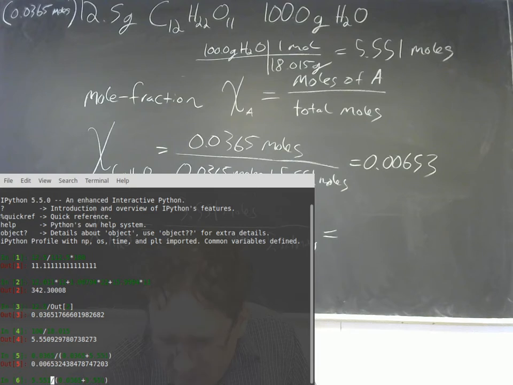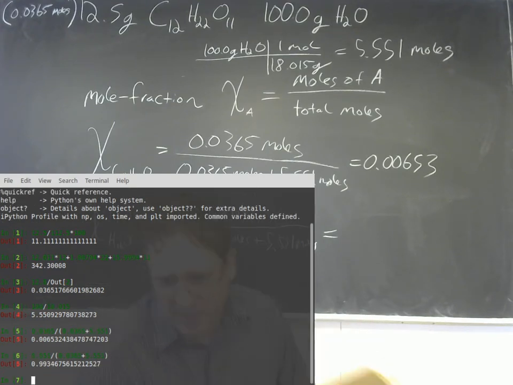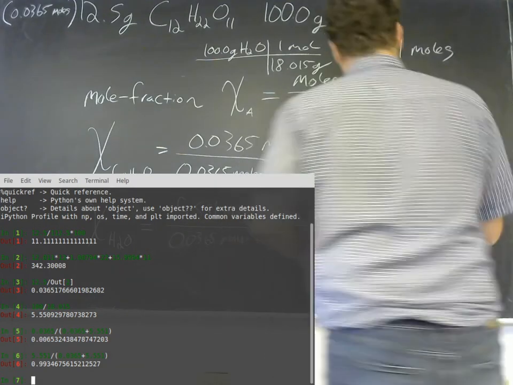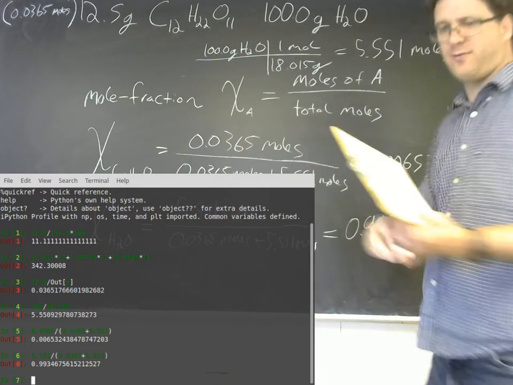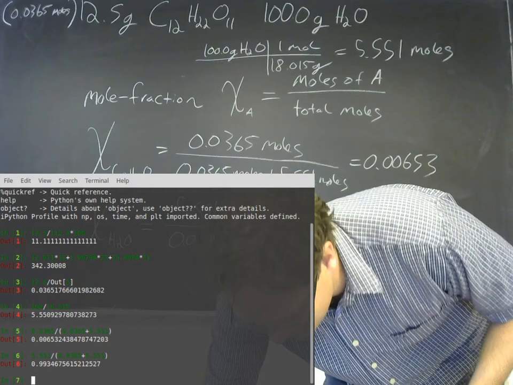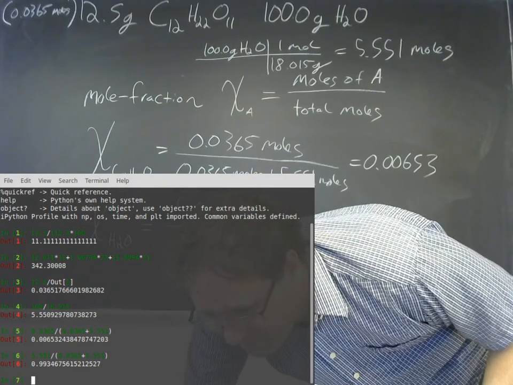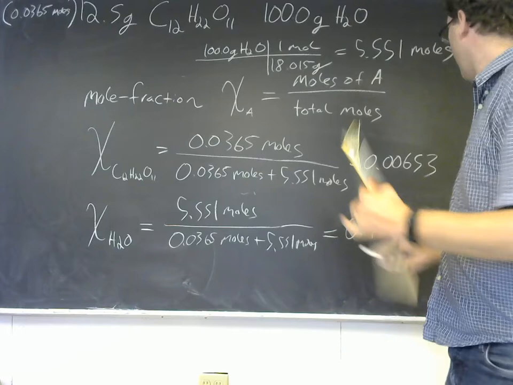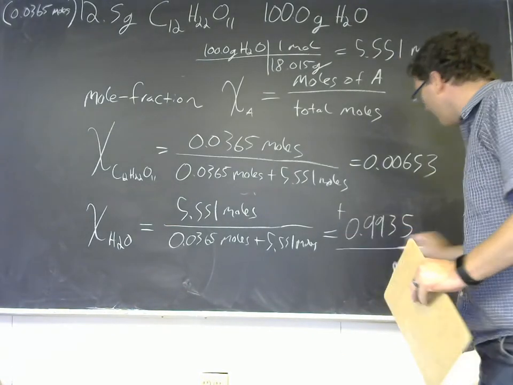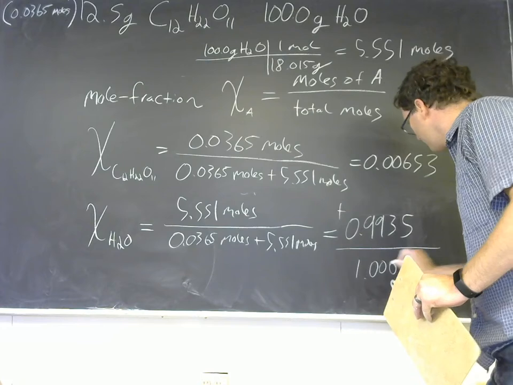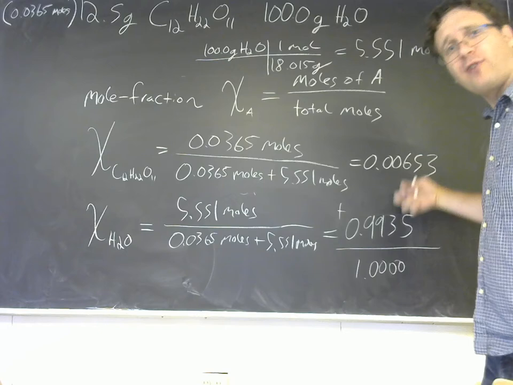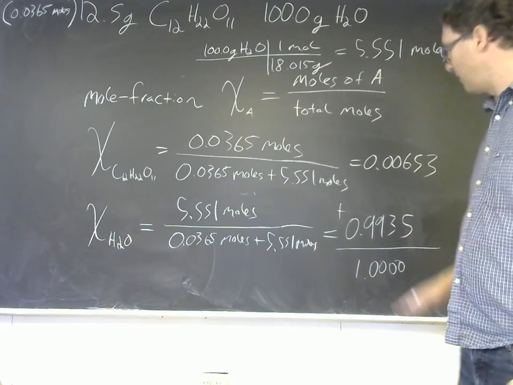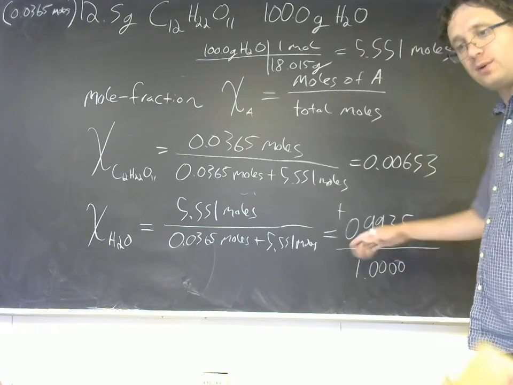That's going to be 0.9935, if we carry a few more sig figs than we really deserve. Excuse me. A lot of chalk dust here. And if we add these two together, we're going to get 1 exactly, because adding up the mole fractions of all of the components in a mixture will add up to the whole, or in other words, 1.